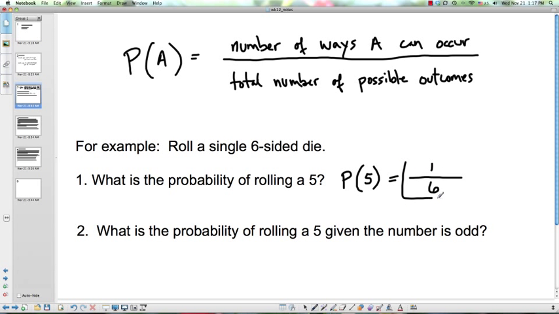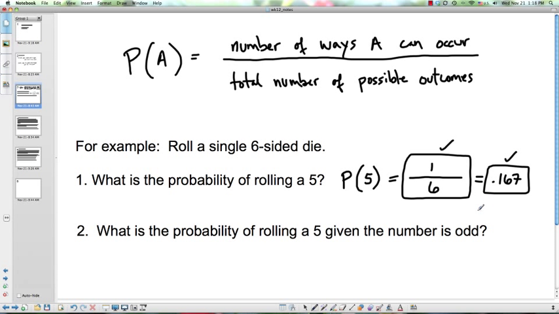And I can always write a probability as a fraction. We could also write that as a decimal if you divide. I get about 0.16 repeating, so let me just say approximately 0.167, and so we could write it as a decimal like that, where it's not exactly equal.